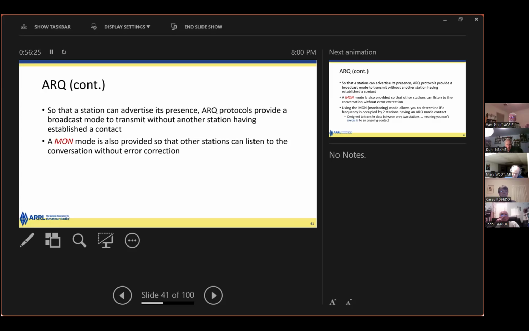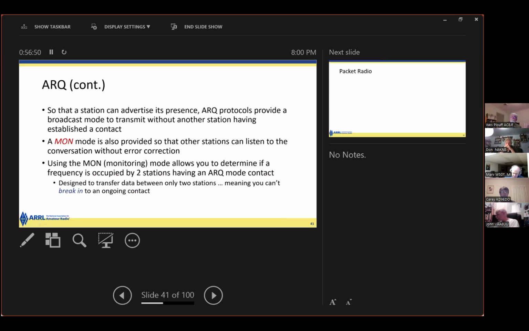So there's also a monitor mode provided in packet software so that you can explicitly listen to other conversations without transmitting, without taking part directly, without responding to the transmitting station. But you can listen in the same way you can listen in on voice or CW transmissions.